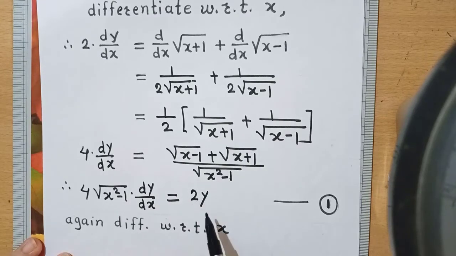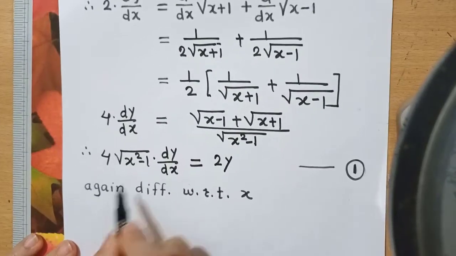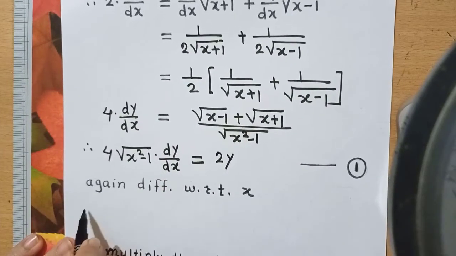Now since we have to find out y2, which means d square y by dx square, we will again differentiate this. So again we will use the product rule. This 4 is constant outside.